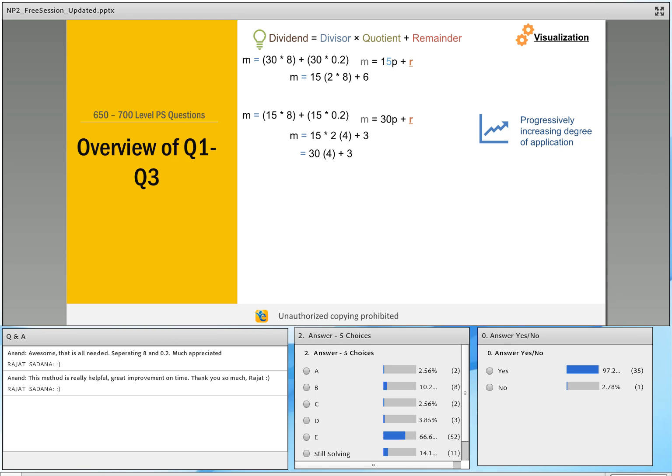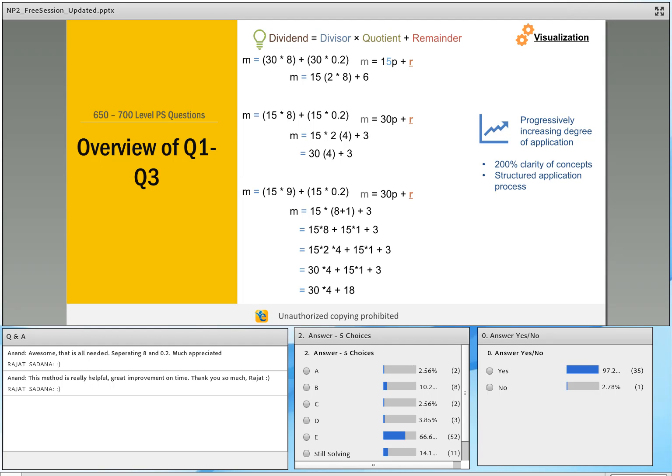In the second question, we reversed this. We were given m as 15 times 8.2, and we had to find the remainder when m is divided by 30. In the third question, we were given that m is 15 times 9.2, and we had to find the remainder when m is divided by 30. Same concept, just in progressive difficulty overall.